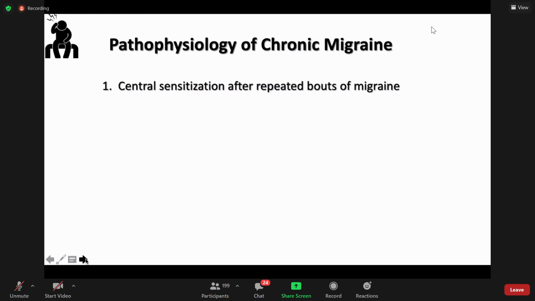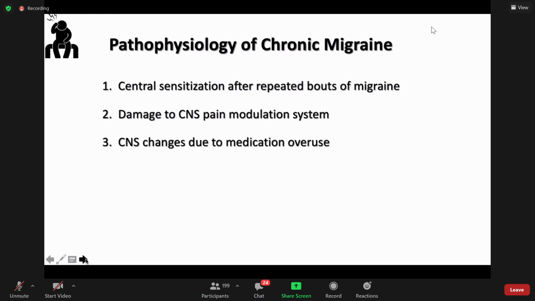The patients with migraine may go into chronic migraine, which is very bothersome. It is thought to be because of central sensitization of the pain centers after repeated bouts of migraine. It may be caused by damage to the pain modulating system or changes in the central nervous system due to medication overuse.